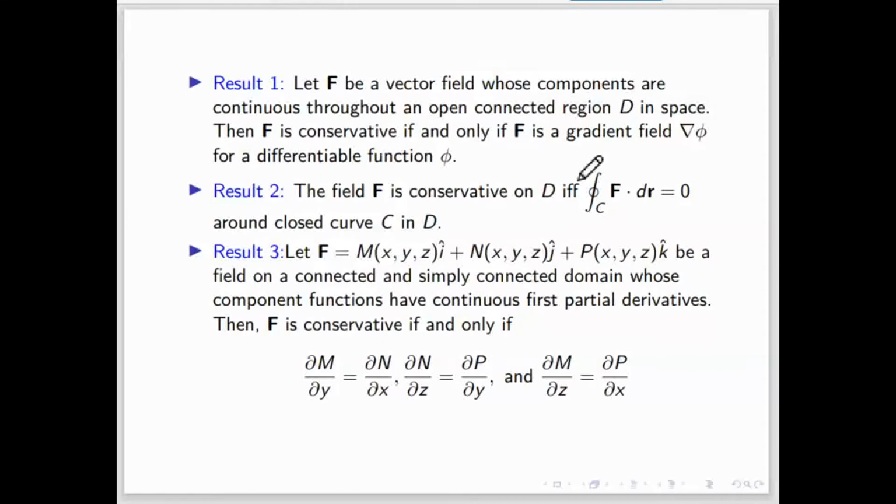You have to do the line integral, which you know how to calculate. If the integral comes 0, then you will say it is conservative. The first one says that F equals grad phi, which means you have to find phi such that F equals grad phi. The third criterion says that for the given field, M, N and P you can easily get, and then verify these three conditions. If they are verified, then you will say that it is conservative.